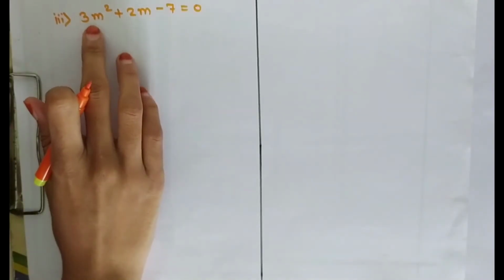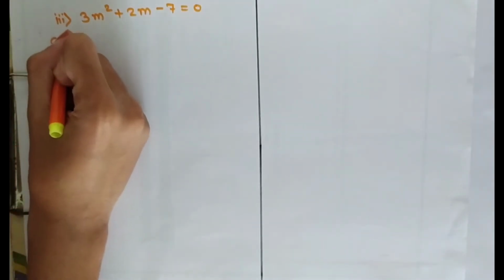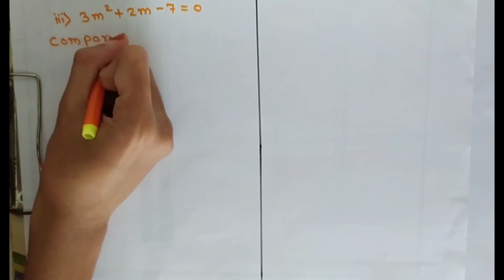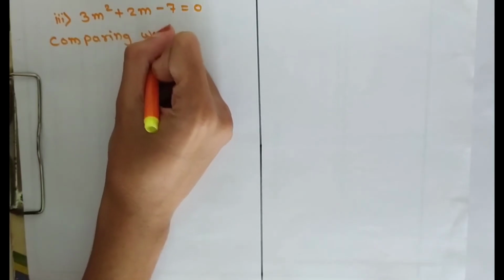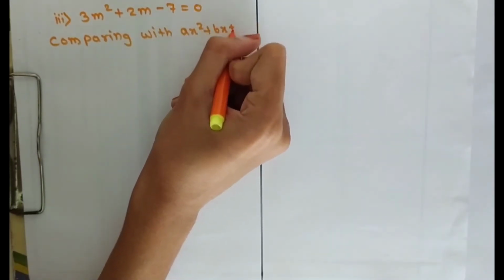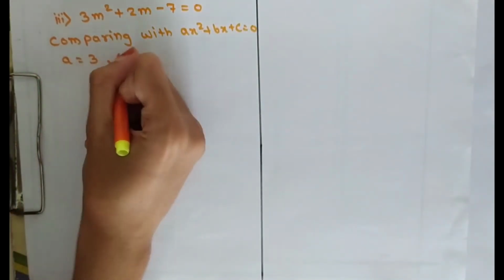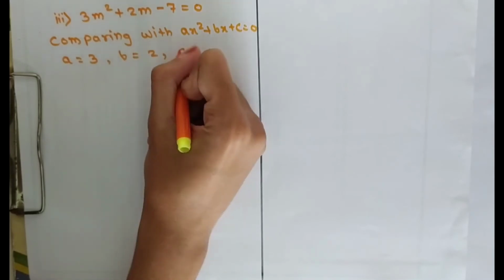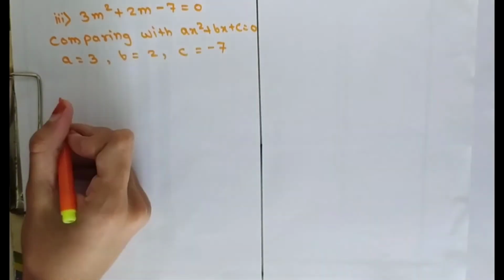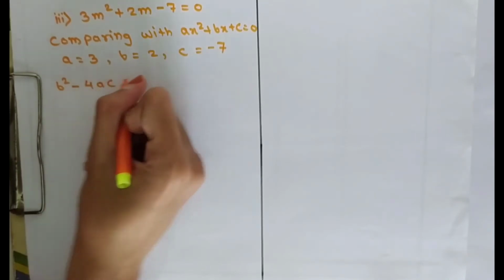Third question is 3m square plus 2m minus 7 is equal to 0. Now comparing with ax square plus bx plus c is equal to 0, then a is equal to 3, b is equal to 2 and c is equal to minus 7. So first find b square minus 4ac.